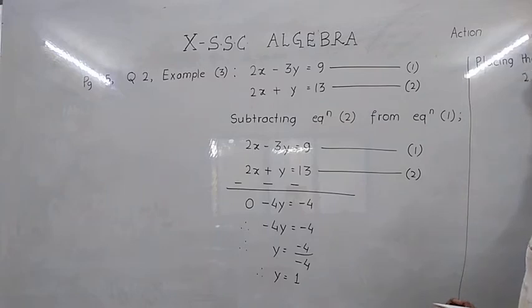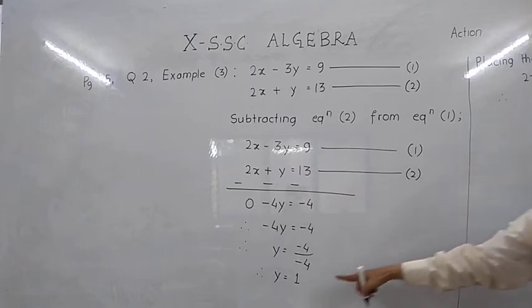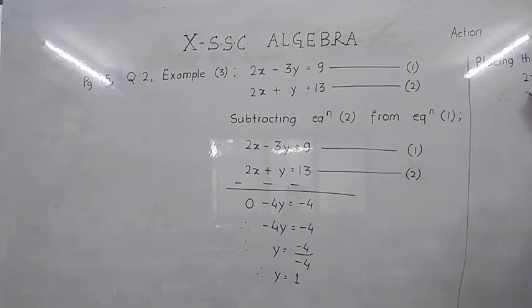First I am writing the equation 2x plus y equal to 13. Therefore, value of y I am placing over here. 2x plus 1 is equal to 13. Therefore, 2x is equal to 13 minus 1. Therefore, 2x is equal to 12. Therefore, x is equal to 12 by 2. Therefore, x is equal to 6.